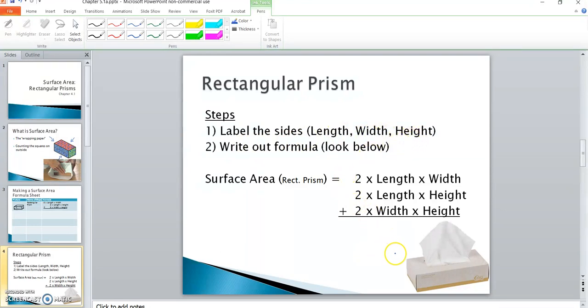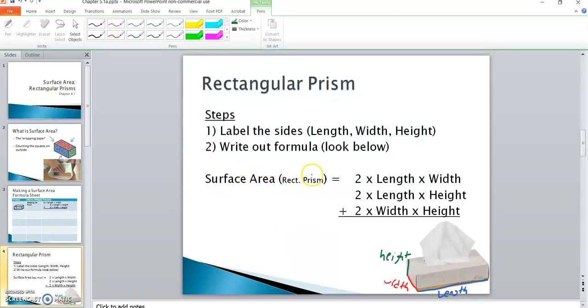Another real-life example of this would be a tissue box, where along the bottom right here is the length. And right along the other side on the bottom is the width. And then how high it is is called the height. Okay?